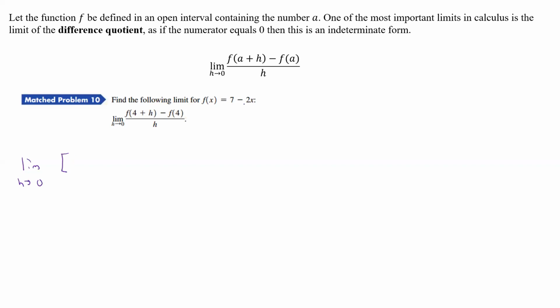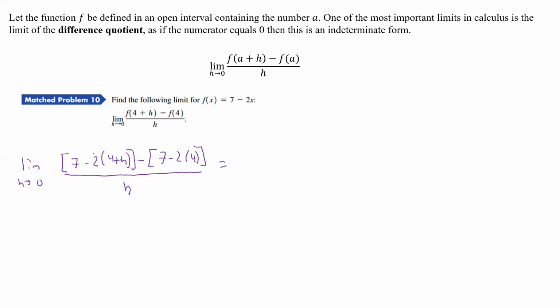So now 7 minus 2 times this piece, so that's going to be 7 minus 2 times 4 plus h. And then we have minus f of a, so minus, and we probably better put it in brackets there. And then that's going to be 7 minus 2 times 4. And then it's just going to be over h.